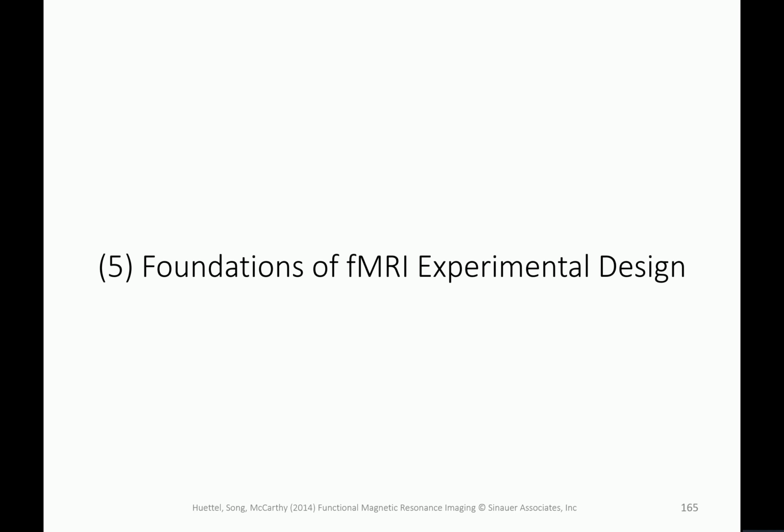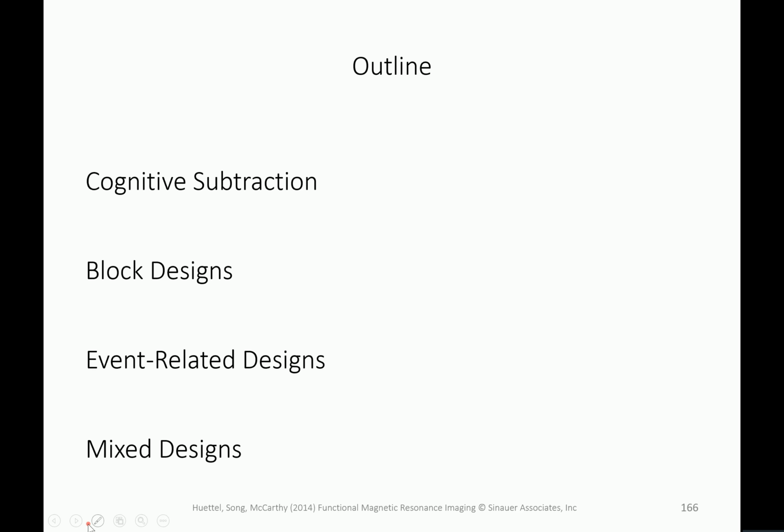There we will discuss two major topics. The first is cognitive subtraction, or the general question of what one can do with fMRI and the general analysis pipelines that have been proposed for fMRI data. The other is essentially how to place stimuli in time, that's the block design, event-related design, and mixed design business.